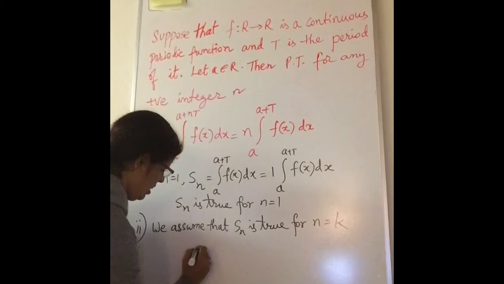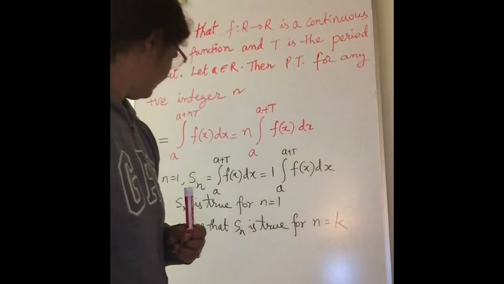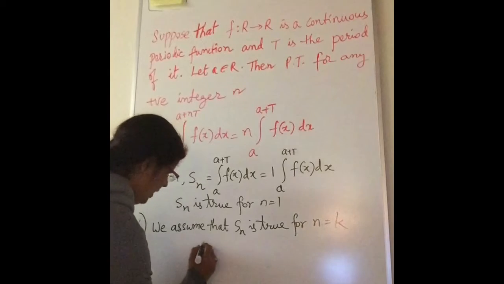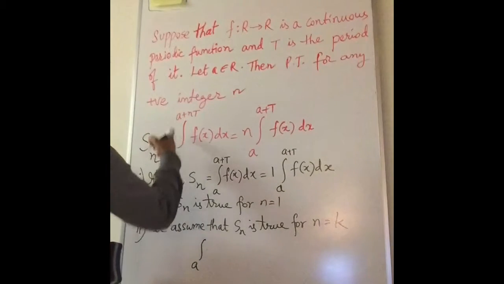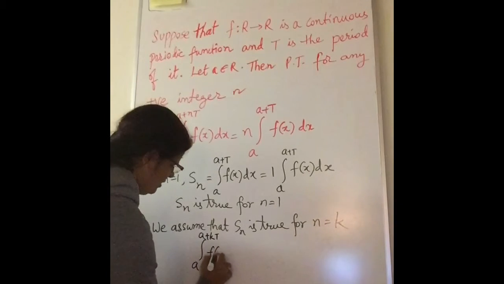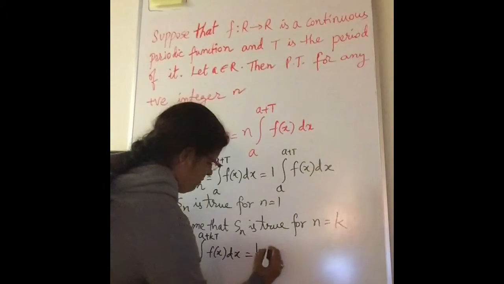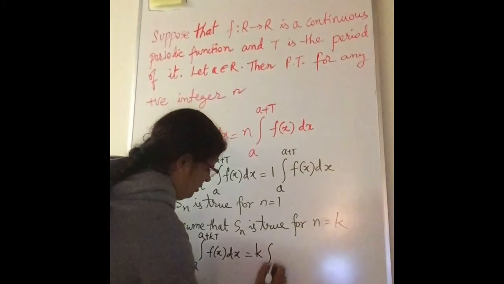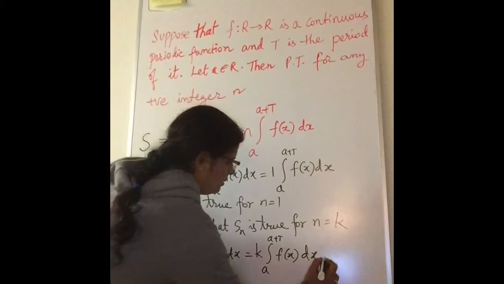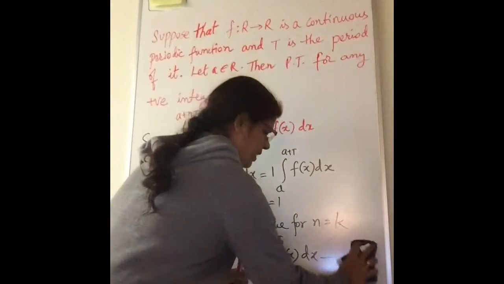So our Sn becomes integral a to a plus kT f of x dx is equal to k times integral a to a plus T f of x dx. So this is our equation 1.